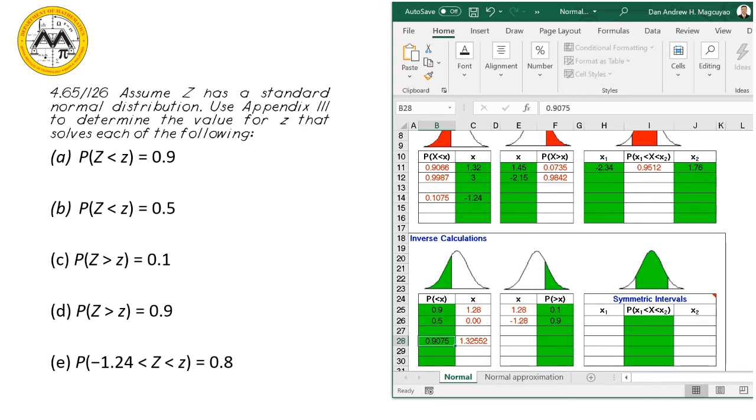That's 1.32552. Since the area to the left is 0.9075 minus 0.1075 for negative 1.24, the difference is 0.8, so that's why we have 1.32552. So you can write your solutions here.